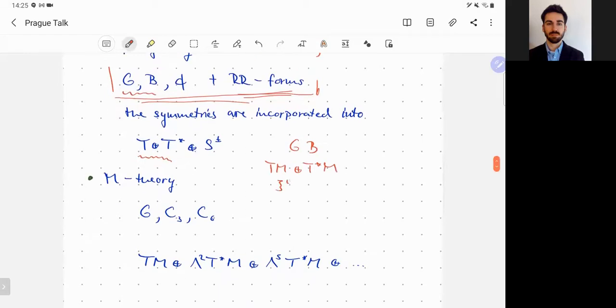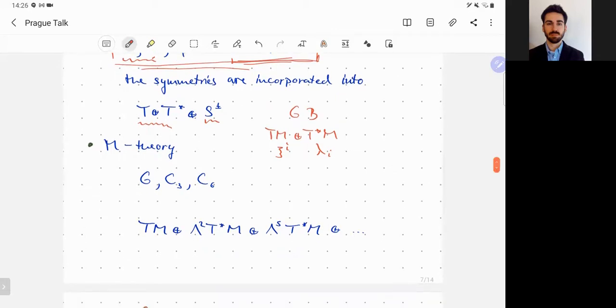The psi I generate the diffeomorphisms, and then there are these one forms which are the gauge transformations of the B field. There are all these RR forms, and you can expect that there will be an extra bit, and indeed there is an extra bit, which are higher forms, and I'll talk about them more later.